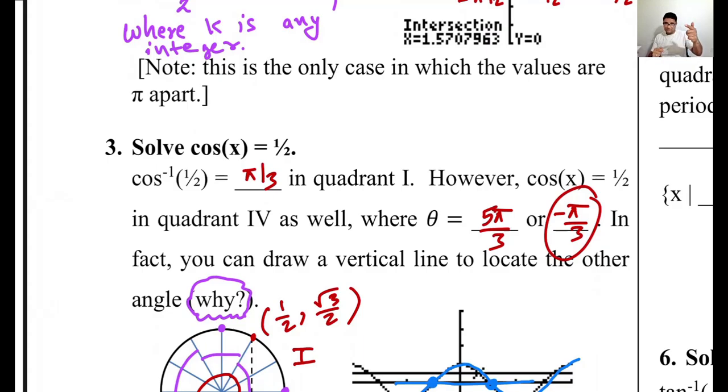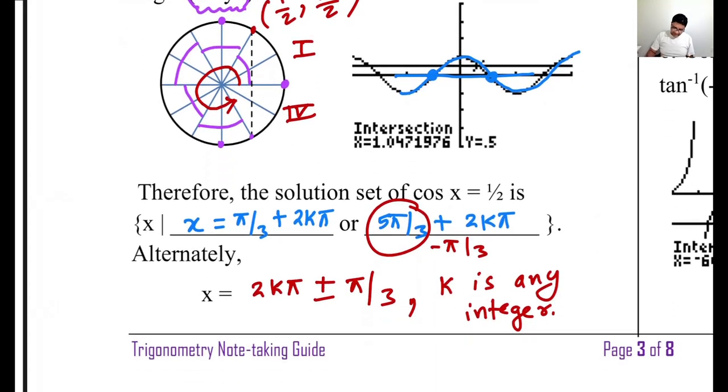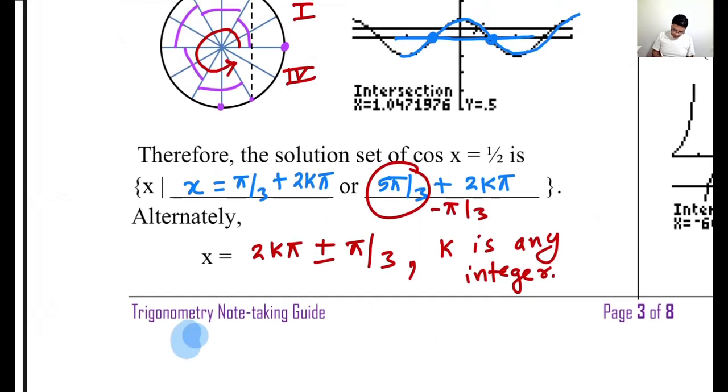If one angle is theta, the other angle is minus theta, between 0 and 2 pi. And actually let me write that here. Cos theta will always be the same as cos minus theta. So these will be the two angles which are your base solutions, and then you add multiples of 2k pi.